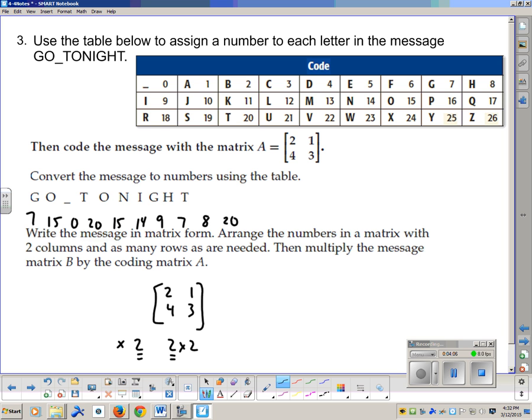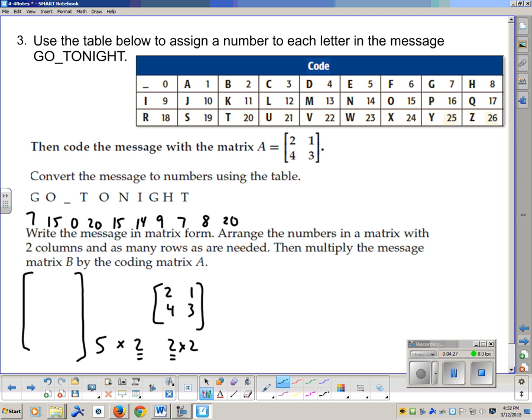And this is exactly what it says: write the message in matrix form, arranging the numbers in a matrix with 2 columns and as many rows as needed. So if we count 1, 2, 3, 4, 5, 6, 7, 8, 9, 10, we're going to have 5 rows and 2 columns for this message.